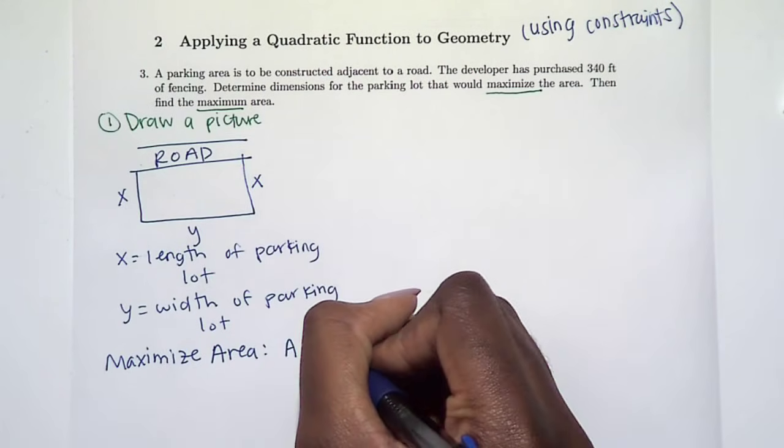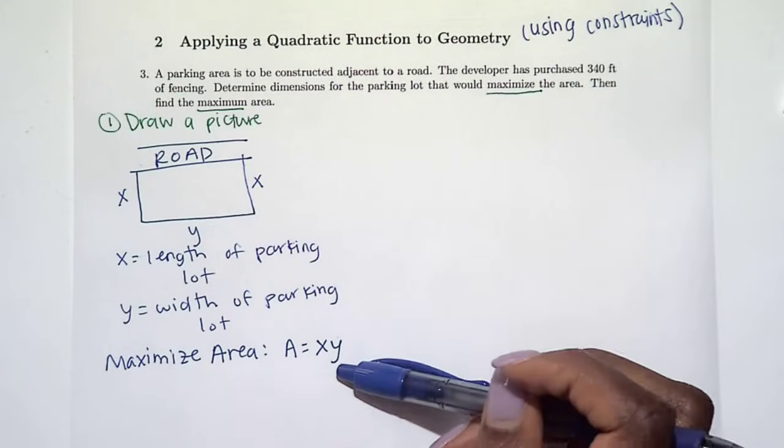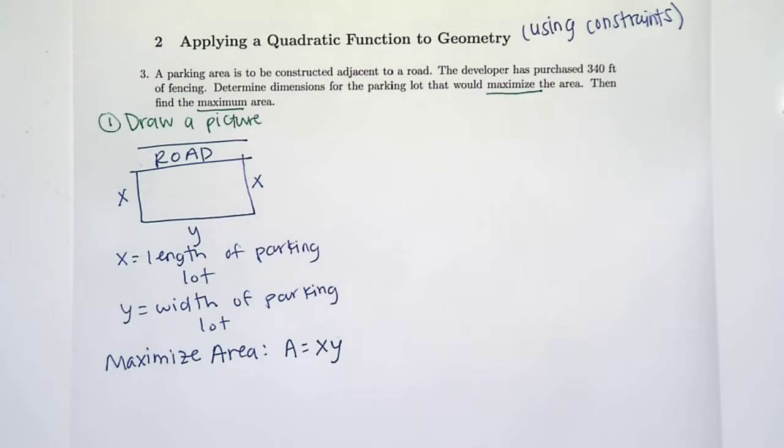So area is always length times width. So we have our x times y should give us the area. Okay, so this is good. We know our area. We need to figure out how to maximize it. Notice we have two variables here, x and y. We're not used to solving things with multiple variables. So our goal here is to be able to rewrite our area in terms of just one variable.